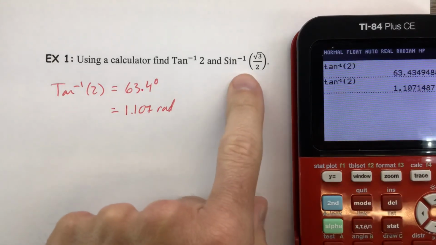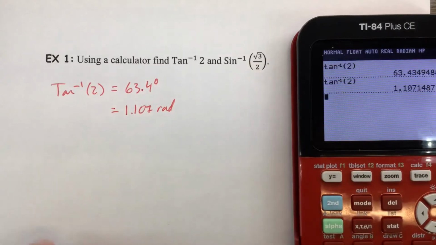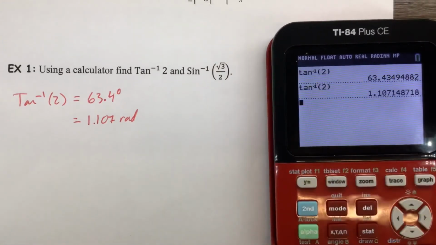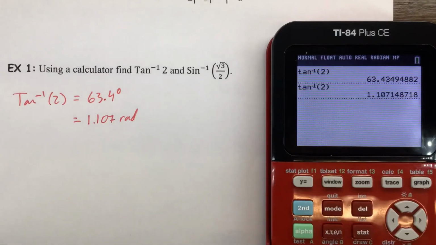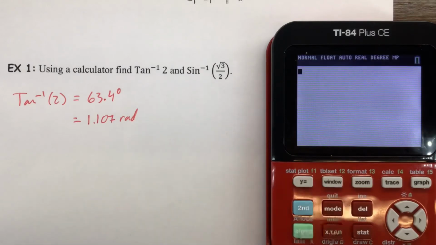All right, the arcsine of square root 3 over 2, that is referring to one of our special angles. I hope that you remember which one that is, but if you don't, it's going to tell us as soon as we type it in. Actually, let me get this in degrees, because we're going to recognize that answer better than we will the radians.